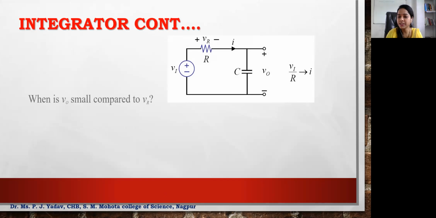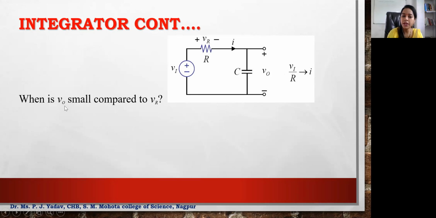So for the integrator circuit, we modify it by adding a small resistance, so that we will have the output voltage. Here, Vi by R is nothing but I. This is nothing but Ohm's law. You all know that current is voltage divided by resistance.